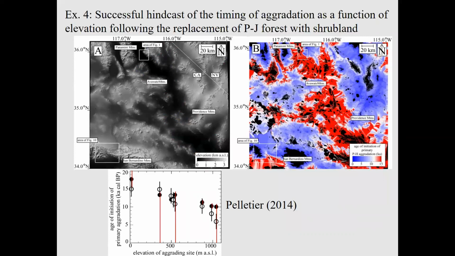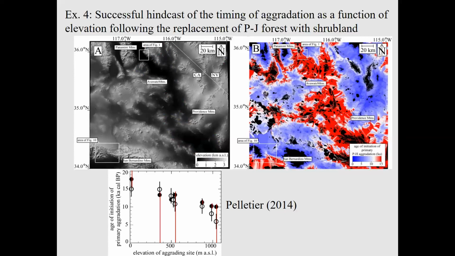Scientists have been studying the timing of that aggradation via optically stimulated luminescence. And it turns out that it's very time transgressive. One hypothesis is that these episodes of aggradation coincide with 18 to 12, that time period of major warming and drying. It turns out that that hypothesis is not supported by the data, however.